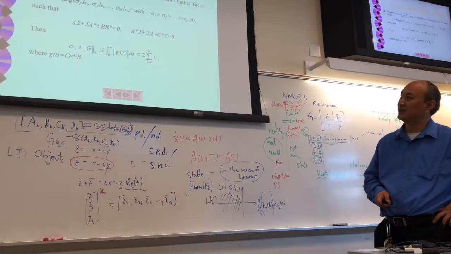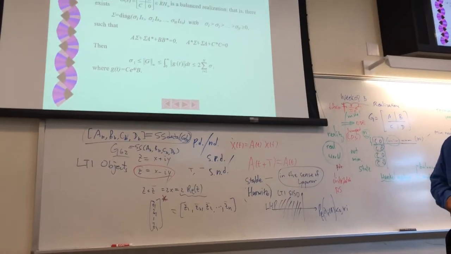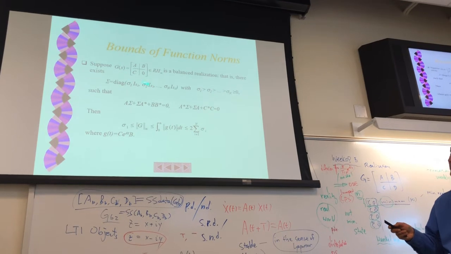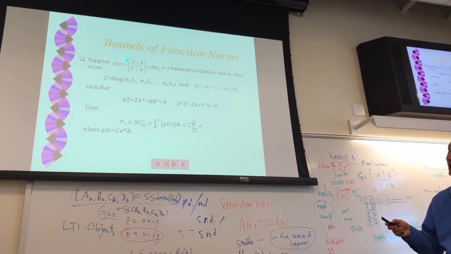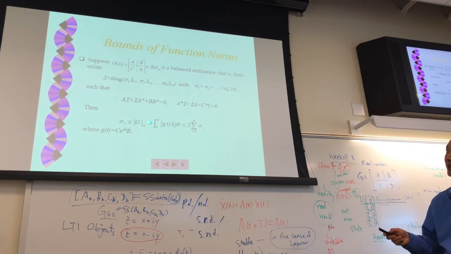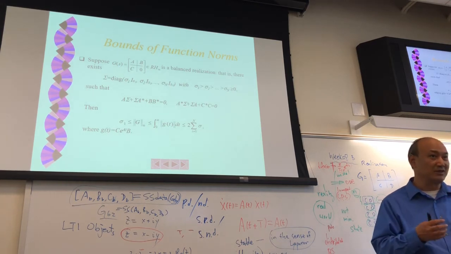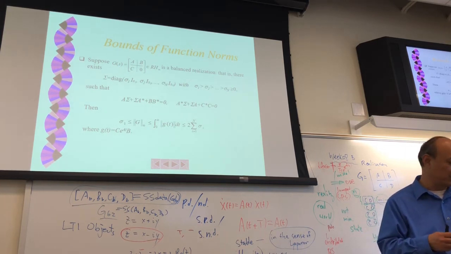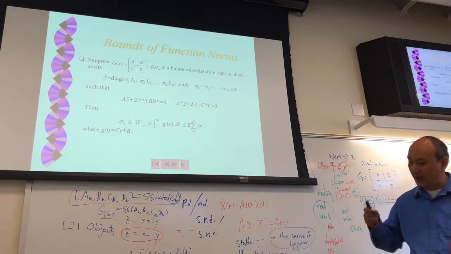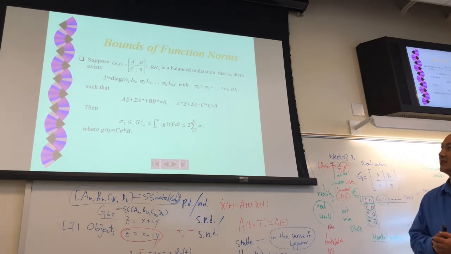This is true, and interestingly, this is the original system, balanced realized, so we haven't truncated yet, okay? And I know that the infinity norm of this G. Well, what is the infinity norm? I'll tell you in a minute. I know the size of it.